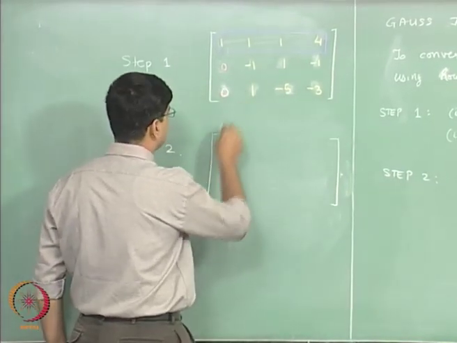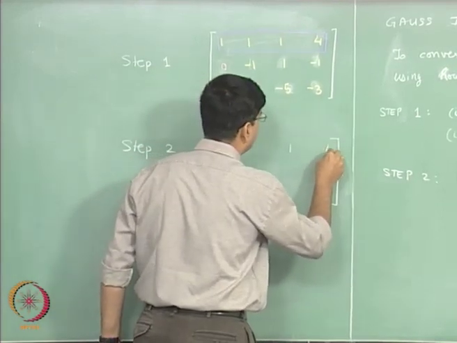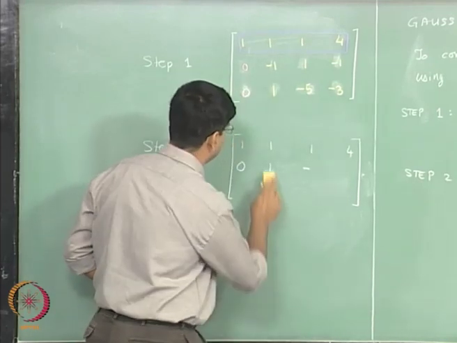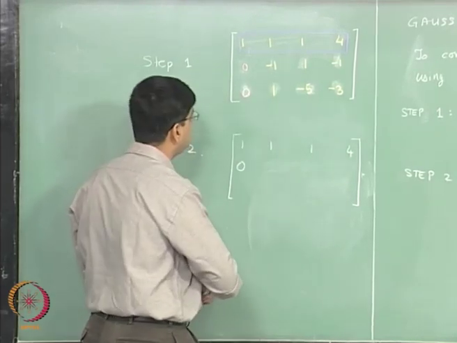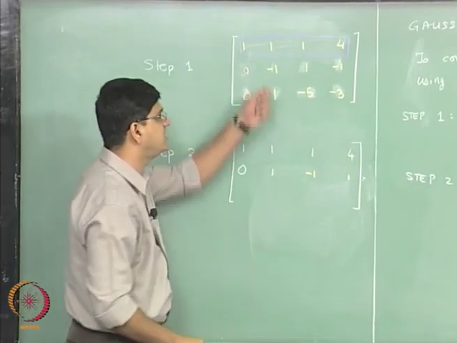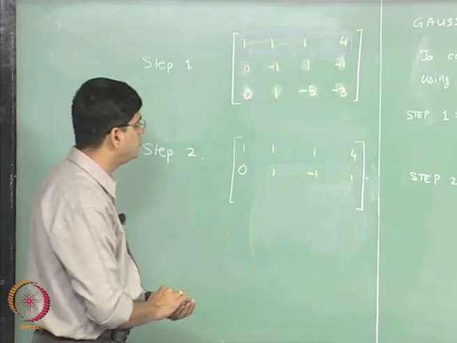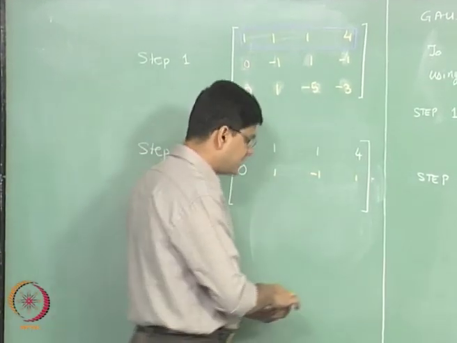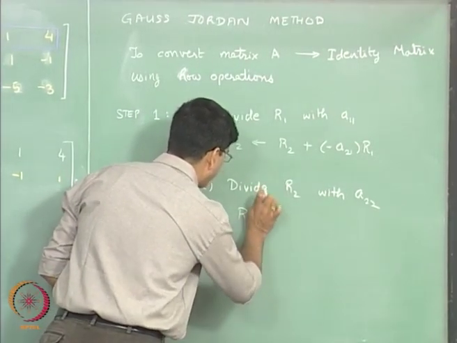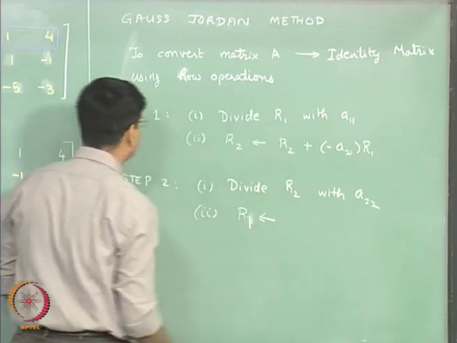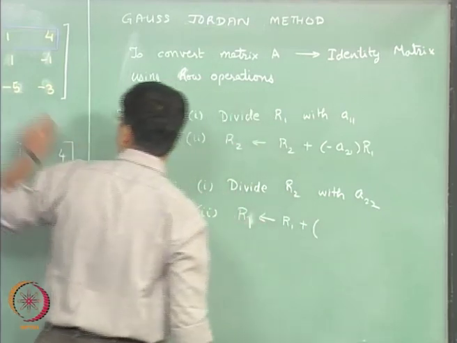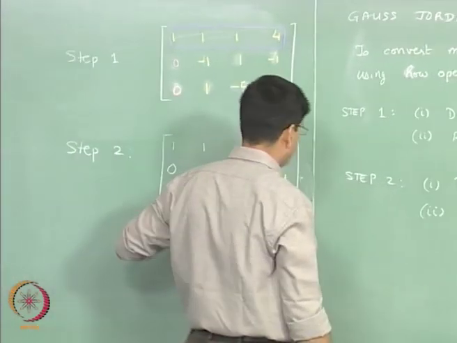Now the first row of course has remained unchanged: 1 1 1 4. Then 0 1, minus 1 1, because we have divided throughout by A22. The second part of this step is R1 should be equal to R1 plus the negative of this coefficient multiplied by this row.